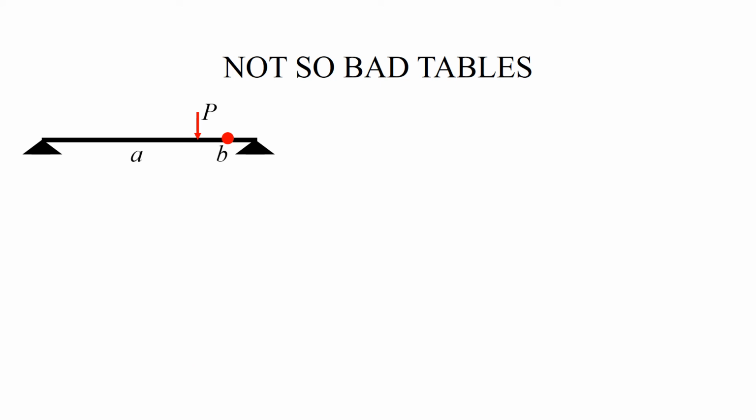So let me begin with the original beam. And now what I will do is look at the same beam, but loaded slightly differently. So what happens? Now the force P is located at a distance b from the left and a from the right.